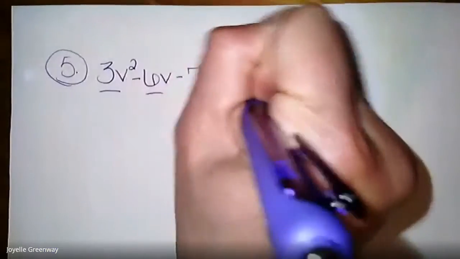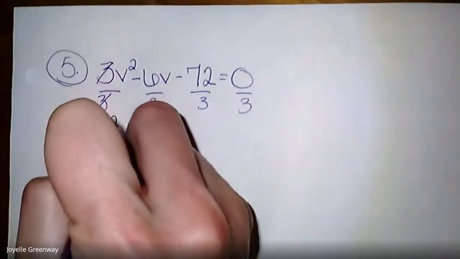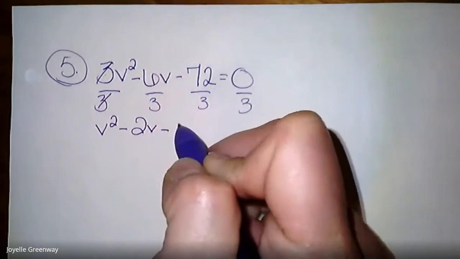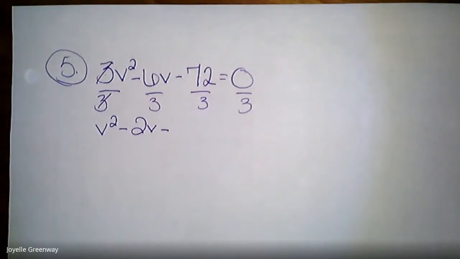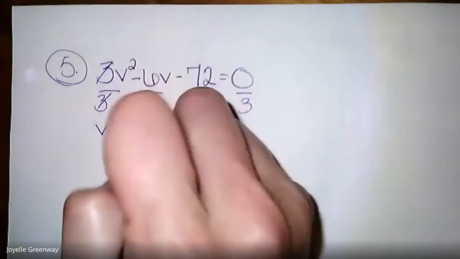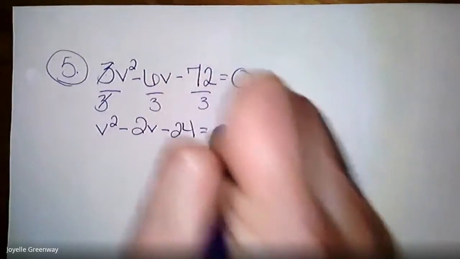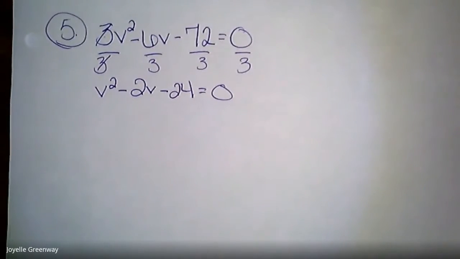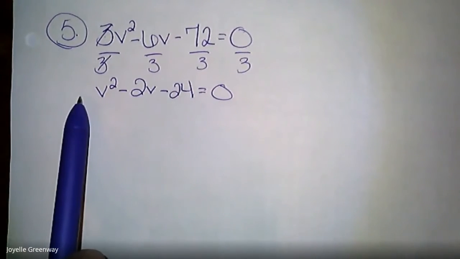So I have to divide every term by the a value, so by 3. So I have v squared minus 2v minus, I don't trust my simple math anymore, 24 equals 0. So now my leading coefficient is a 1. Awesome.